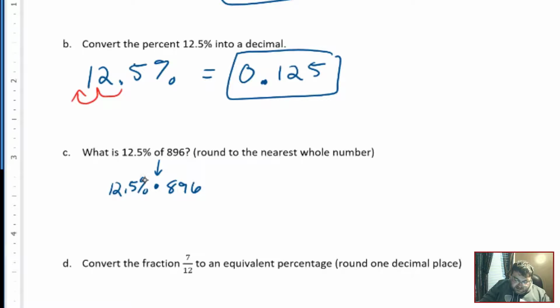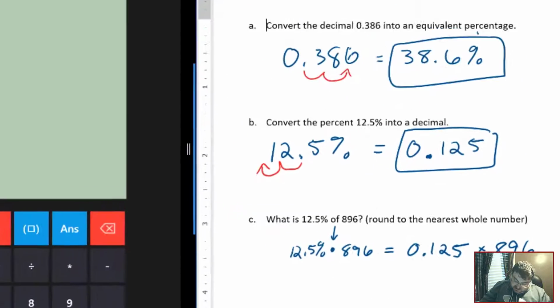Although generally most calculators don't have a little percent sign, so what you want to do is change this into a decimal. So do 0.125 multiplied by 896.